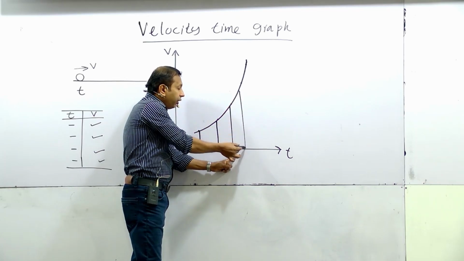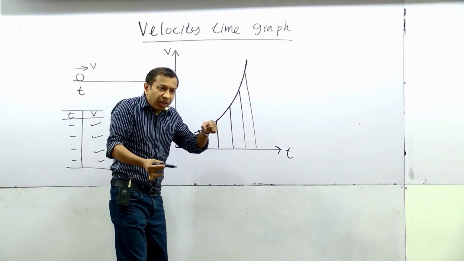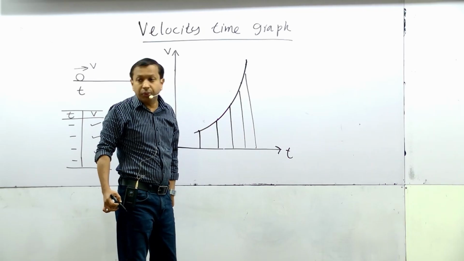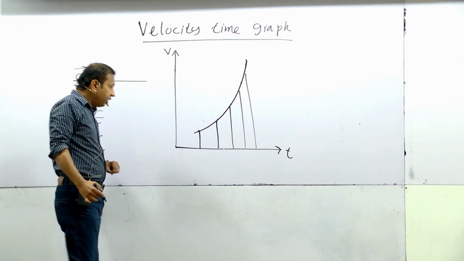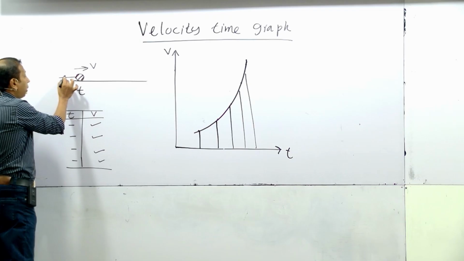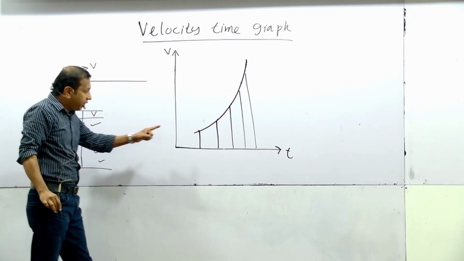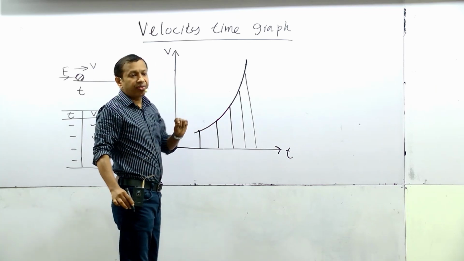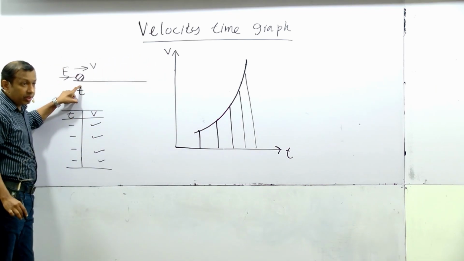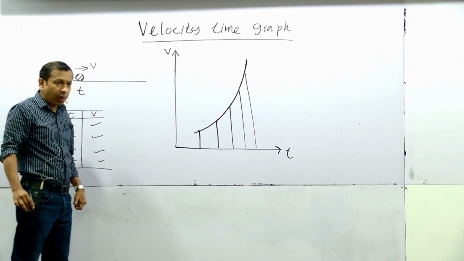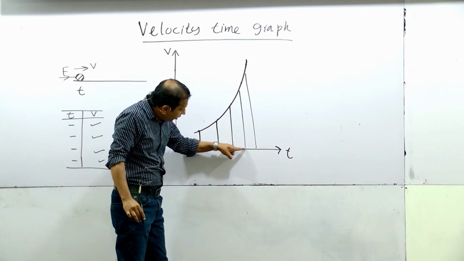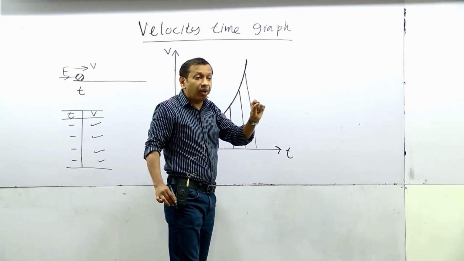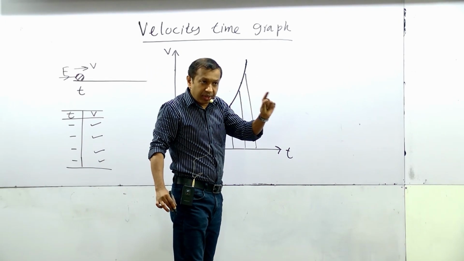Velocity increasing with time means definitely the particle should have an acceleration. In order to have an acceleration, a certain external force should act on the particle in the direction of motion. So remember, as the time increases, if the velocity also increases, that motion indicates accelerating motion. Understand? Accelerating motion.